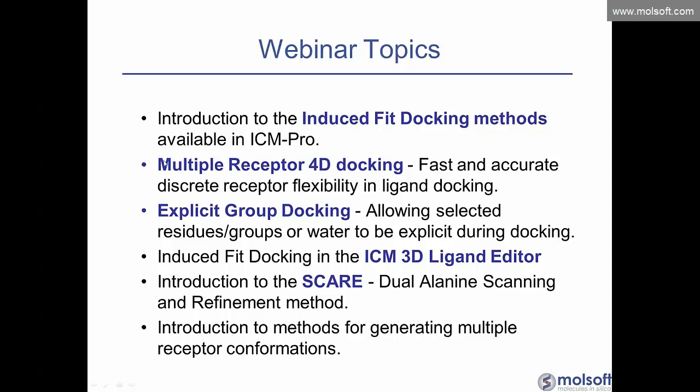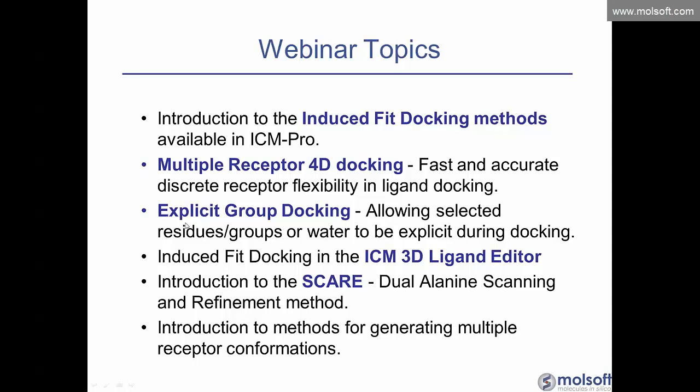So you could be in a scenario where you have one or more crystal structures of your receptor that represent the flexibility of the binding pocket, and you can dock to those automatically in one go. Or alternatively, we have explicit group docking, where you can allow certain selected residues, selected groups like hydroxyls, for example, to be fully flexible, or water molecules to be fully flexible during the docking.